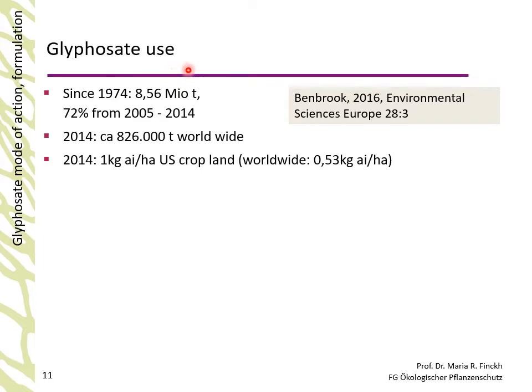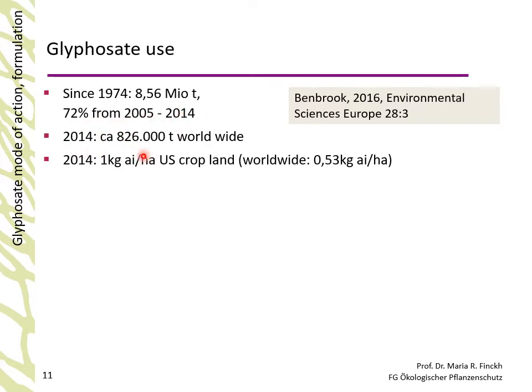Glyphosate use is very high worldwide. I could not really find the actual data for the world, but we have data from Benbrook in 2016 who showed that since 1974, about 8.6 million tons of glyphosate were used until 2014, and 72% of this in the last 10 years.